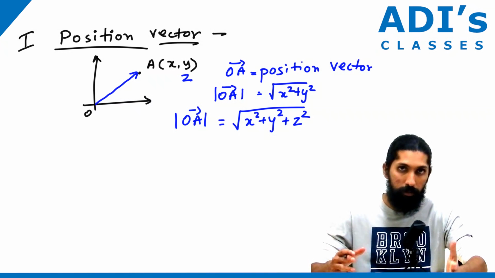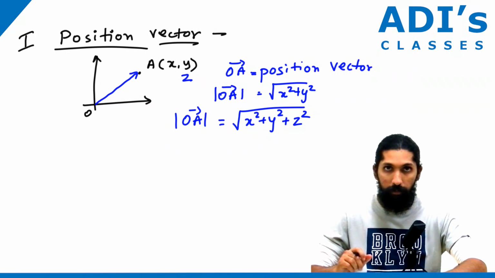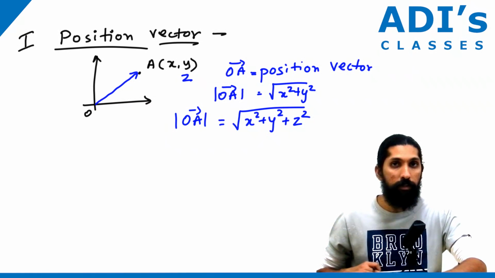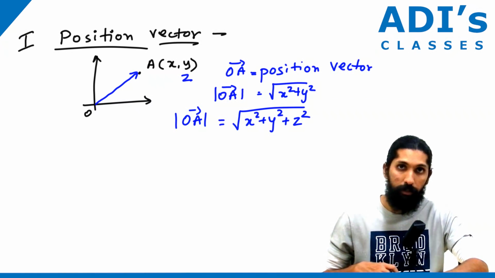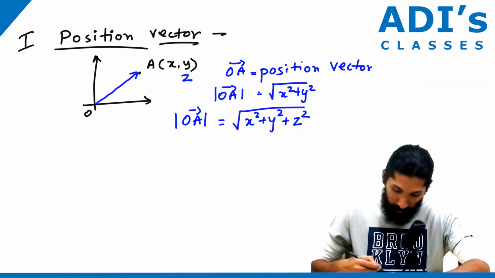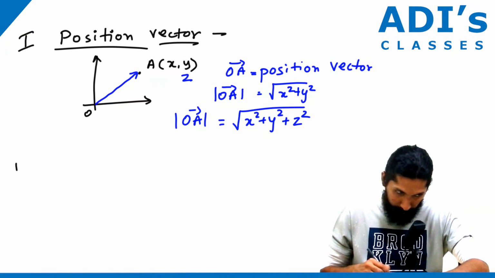This is in 3D geometry. Clear? So this is the first type of vector, position vector, where the point is situated. Okay. The second type of vector is a zero vector.